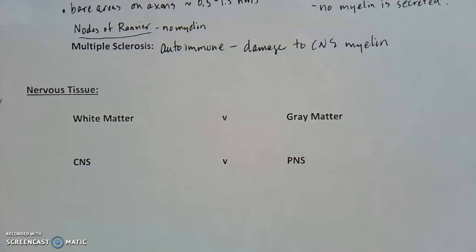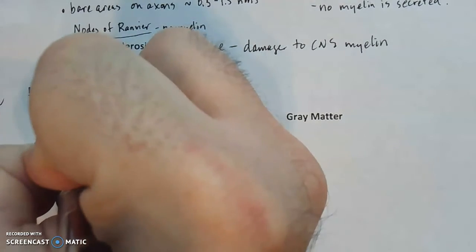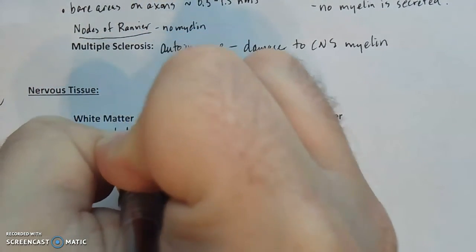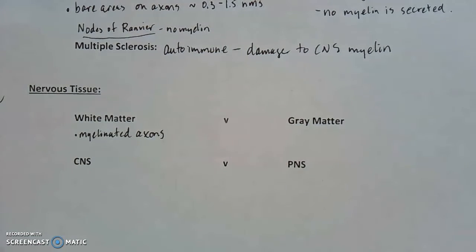Now, when we talk about nervous tissue, it can be divided into white matter and gray matter, and it is based on whether or not myelin is present. So white matter refers to myelinated axons. Because myelin is sort of a whitish color, this gives the tissue a whitish cast.